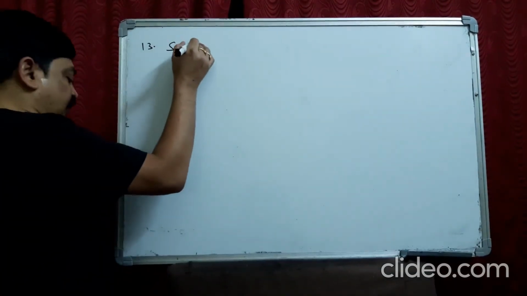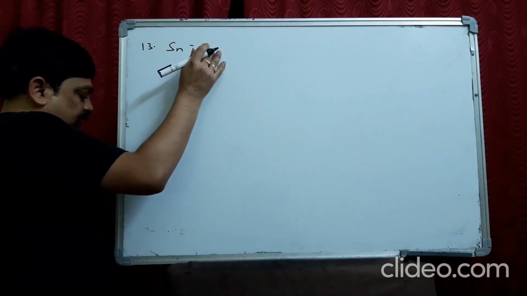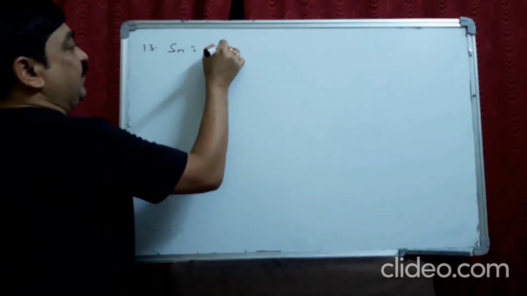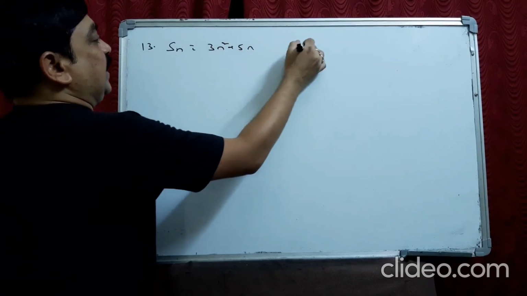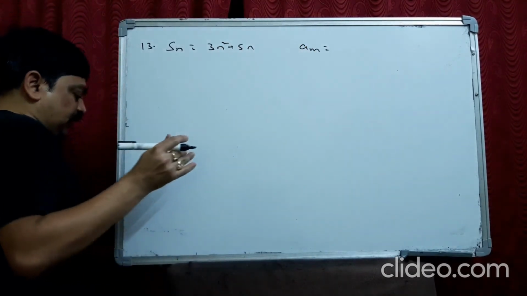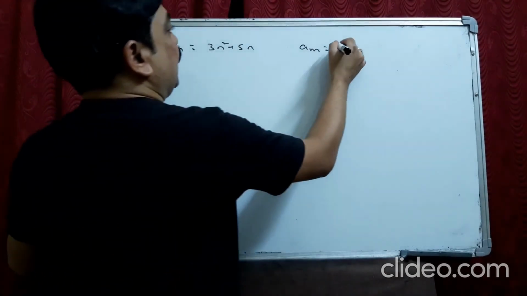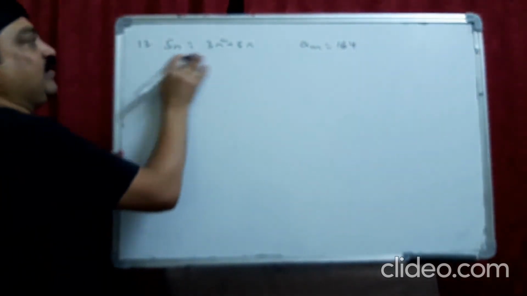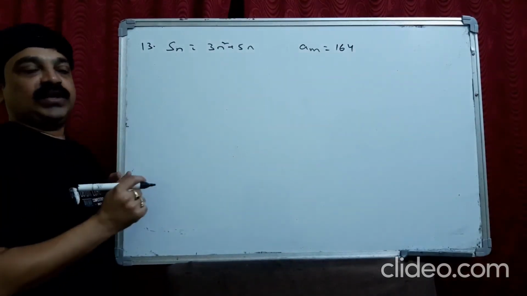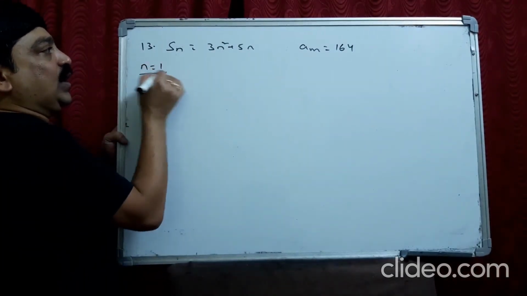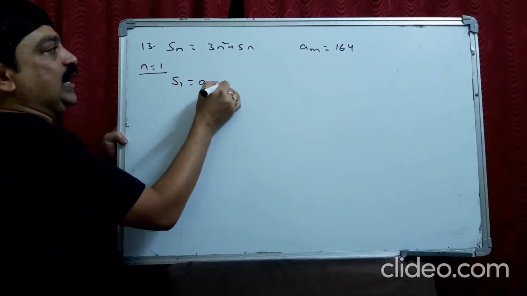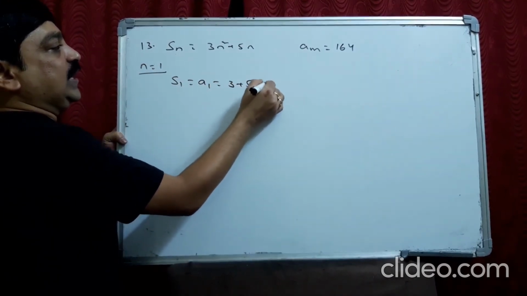See, in the 13th question, the sum of n terms Sn is given as 3n square plus 5n, and the mth term is given as 164. When you have this, you can find a and d directly from here. Take n equal to 1, S1, and it is also equal to a1. 3 plus 5 is 8.